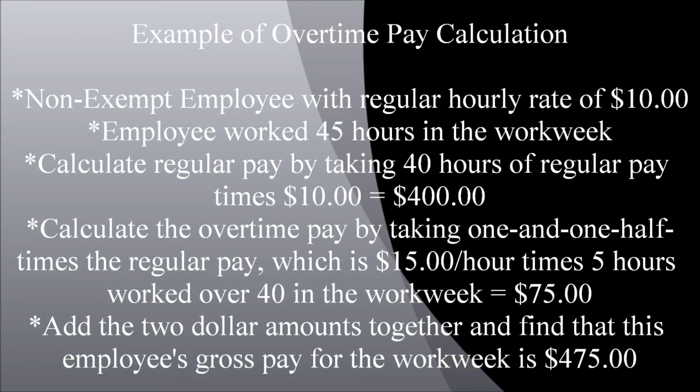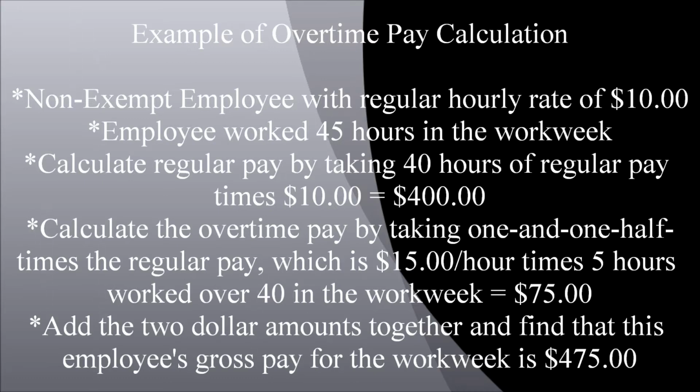This employee worked 5 hours over 40 in the work week. So we take the 5 hours times 15 equals $75. We then add the two amounts together and find that this employee's gross pay for the work week is $475. Let me just go back over that again to be sure I spoke it correctly.